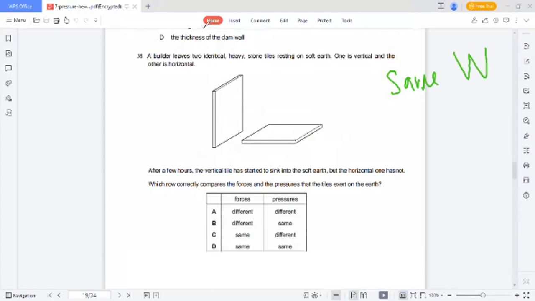So when their weights are the same, their force is the same. Now let's consider them independently. Suppose its weight is 100, and its weight is also 100. Let's calculate the pressure in both cases.